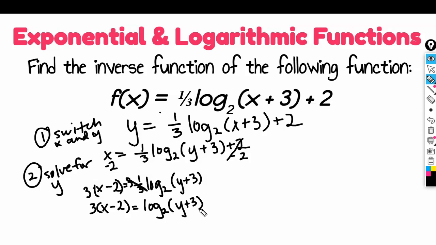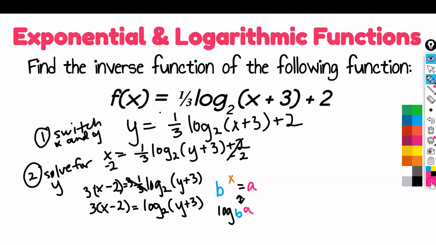Alright, now the next thing I have to get rid of is the log. Now, the only way I can get rid of log is by doing its opposite, and the opposite is an exponential. So yet again, we bring up this formula. It's supposed to be with B, and then A, and X, and then an equal sign in between that.